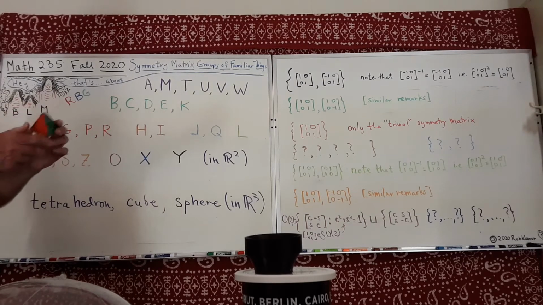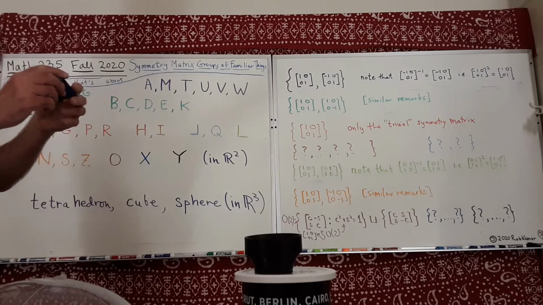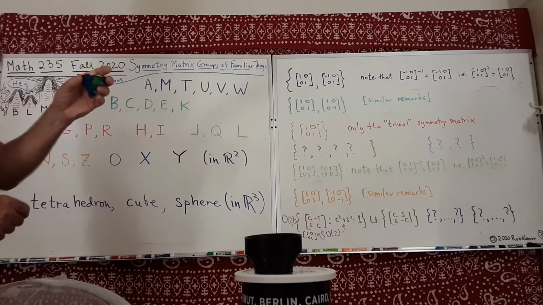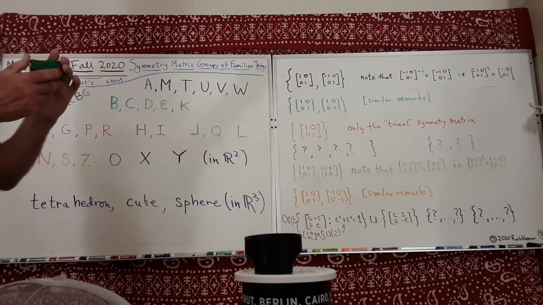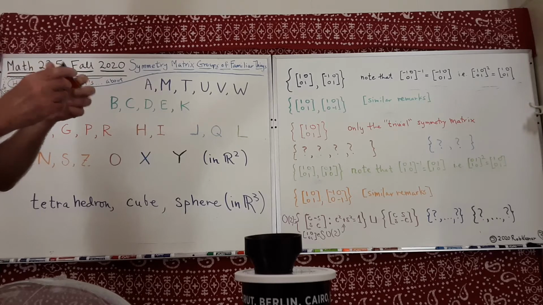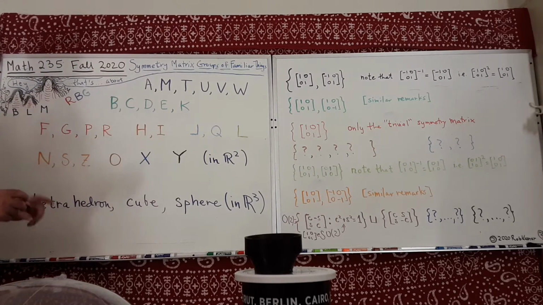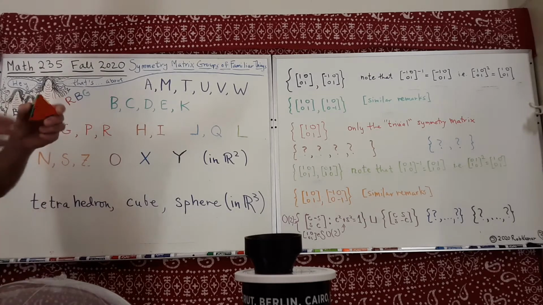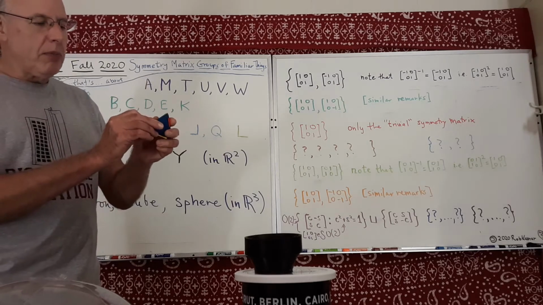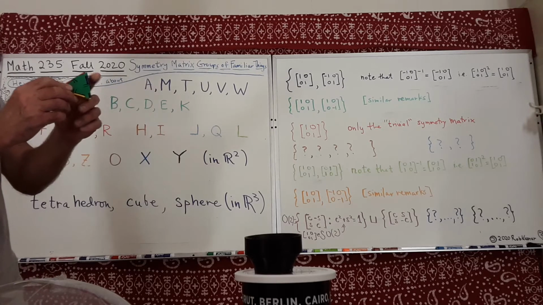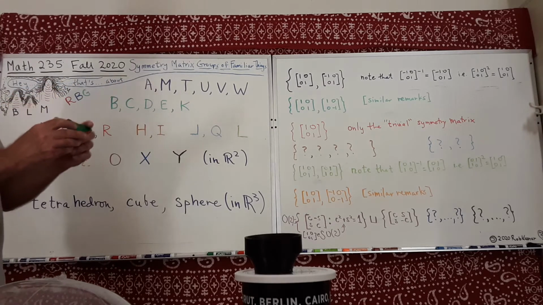So this is one that actually is related to a very potent greenhouse gas. Do you know what molecule has the symmetry of the regular tetrahedron? This is a tetrahedron, regular tetrahedron. Well, it's one of the more common molecules in the universe, actually. It's methane, CH4.